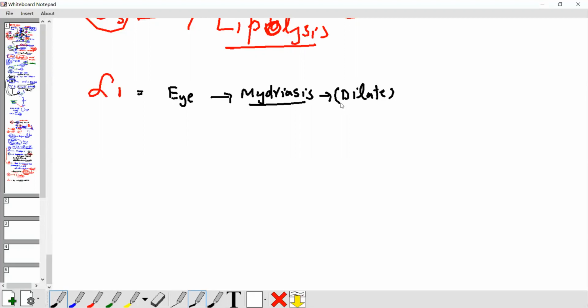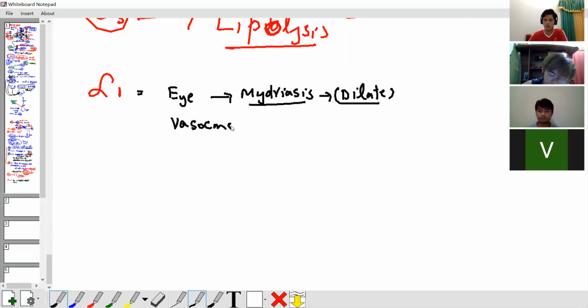Can you use a drug for alpha 1 to examine the eye? Of course you can use it. It dilates the eye, so you can see the inside structures. Mydriasis. Alpha 1 causes vasoconstriction, which increases blood pressure.